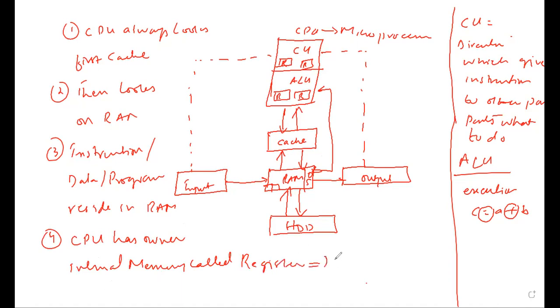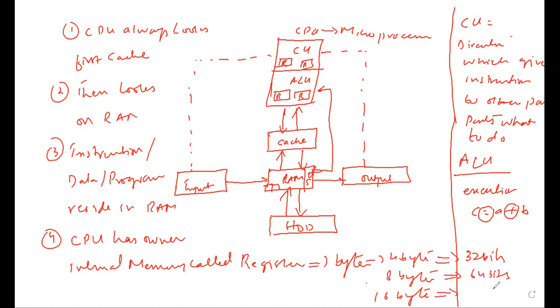It is in bytes, maybe 4 bytes, 8 bytes, or 16 bytes. Register memory size comes only in bytes: 4 byte, 8 byte, and 16 byte. We also call it 4 byte means 32 bits, 8 byte means 64 bits, and 16 byte means 128 bits.